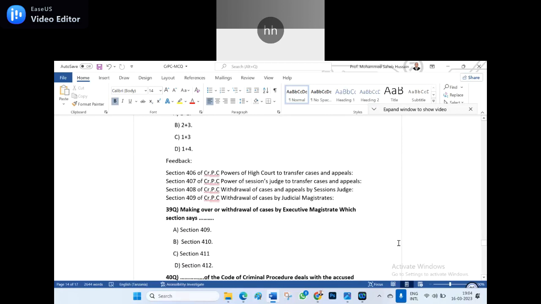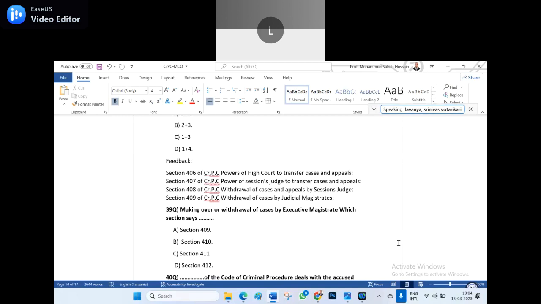Now anyone can unmute and read the 39th question. Making over or withdrawal of cases by executive magistrate. Which section says?